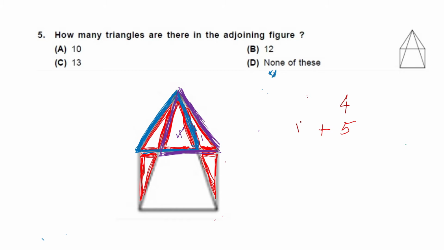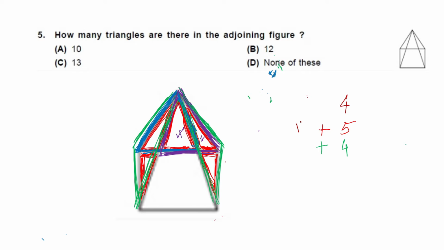So I have 2 triangles formed by combining. Let's see if I can find others. Yes, I can, which is here, combining these 2 triangles, and the other side as well. So in all, by joining the smaller triangles, we form 1, 2, 3 and 4. So there are 4 more triangles that are formed.